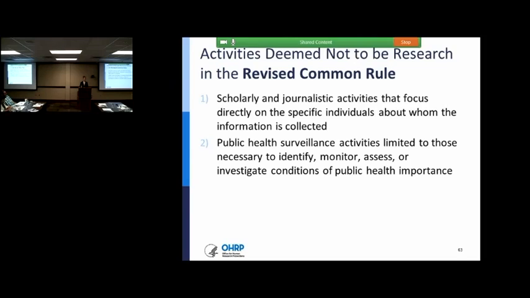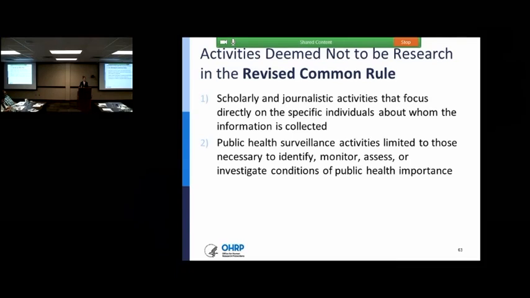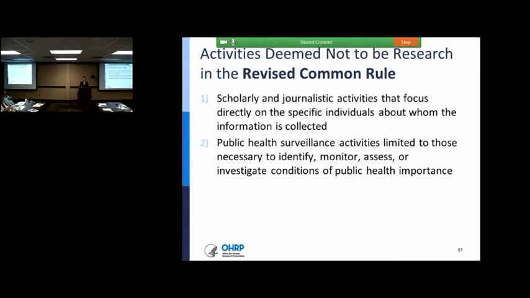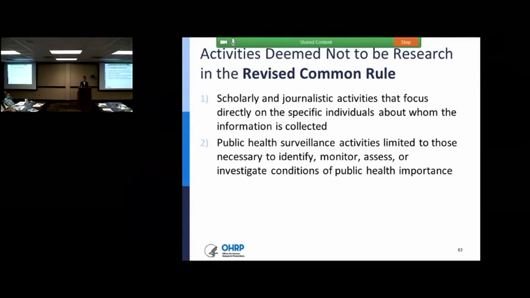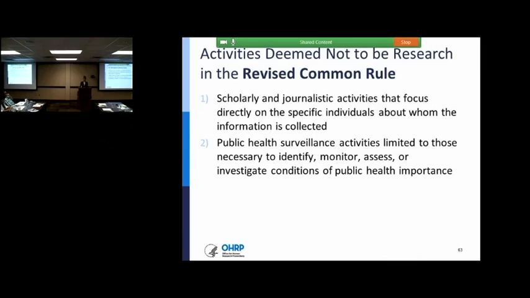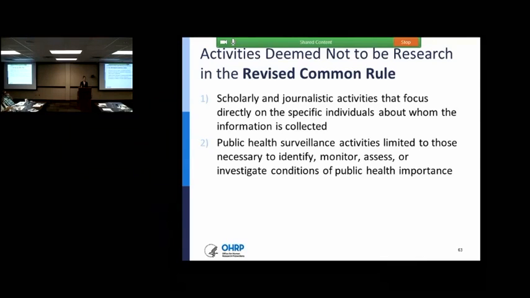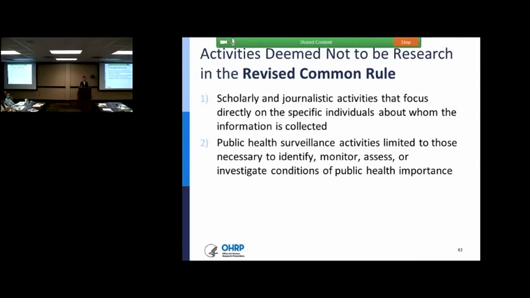It's also important to note that these have to be public health authorities, meeting the criteria in, I believe, the HIPAA regulations, which set out who is considered a public health authority in this context. So it's not just any hospital or anyone who wants to do it, and it's also very limited.